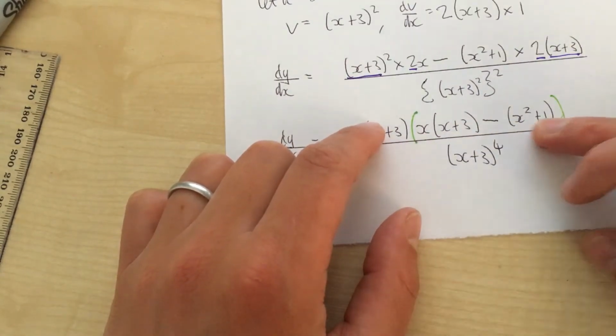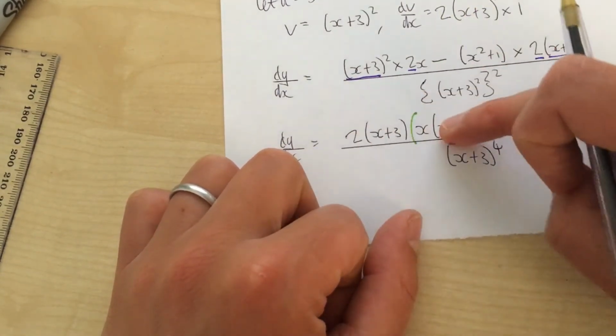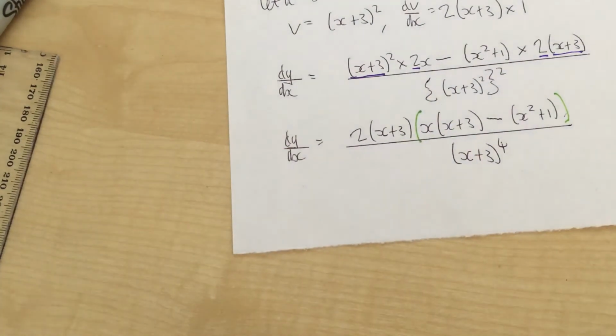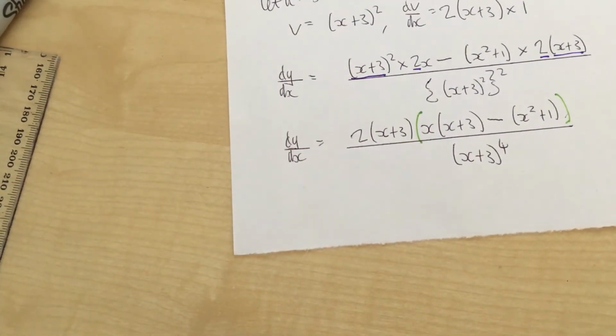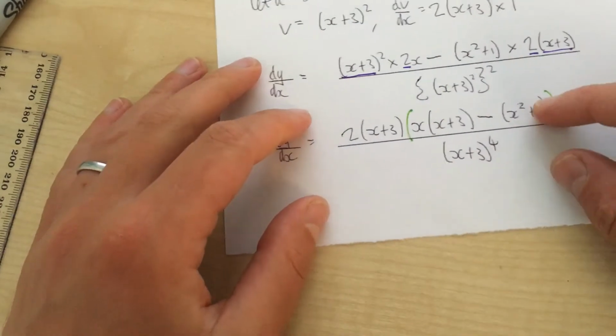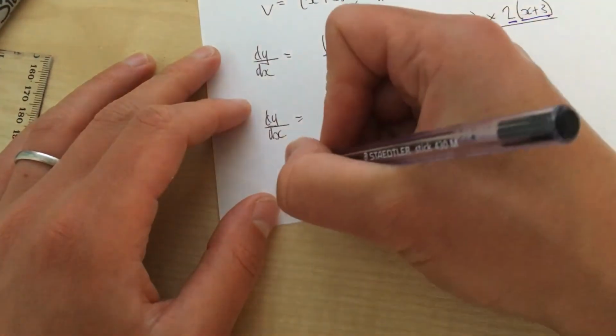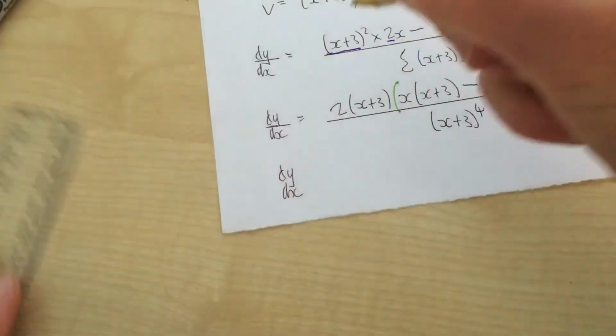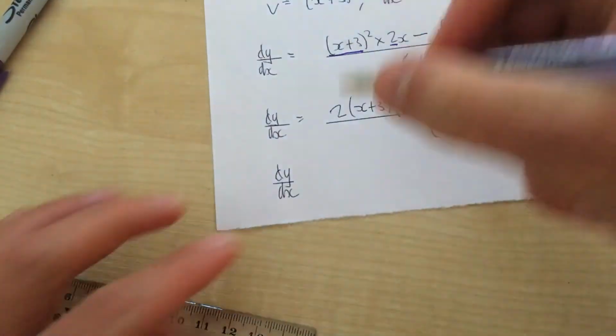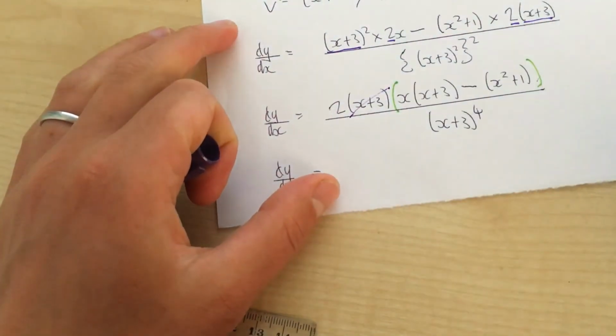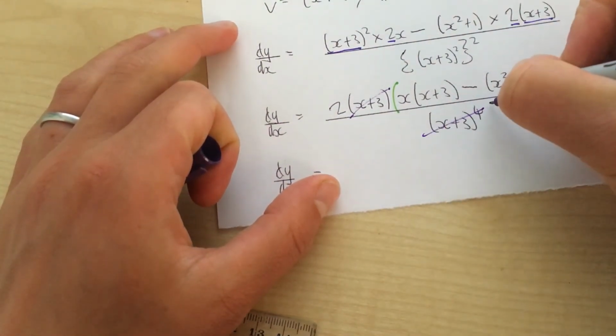If I expand the brackets here and then multiply it by 2, or I could leave the 2 out as a factor, I should be able to tidy this up nicely, and it should give me the same result as using the product rule. Let's find out. dy by dx equals, so I'm going to cancel this one here with one of those.